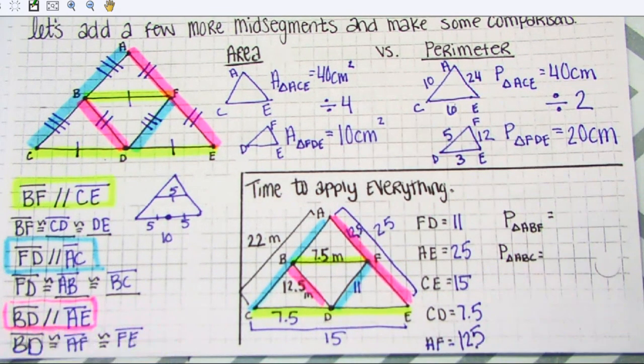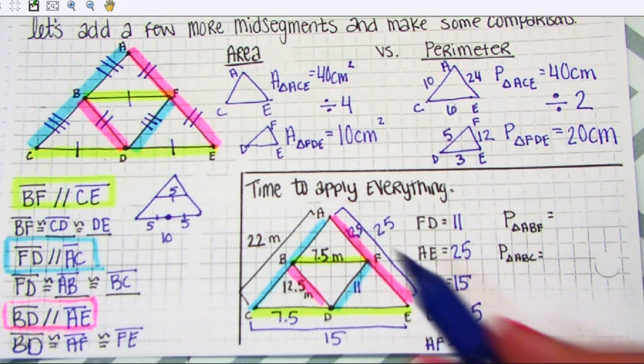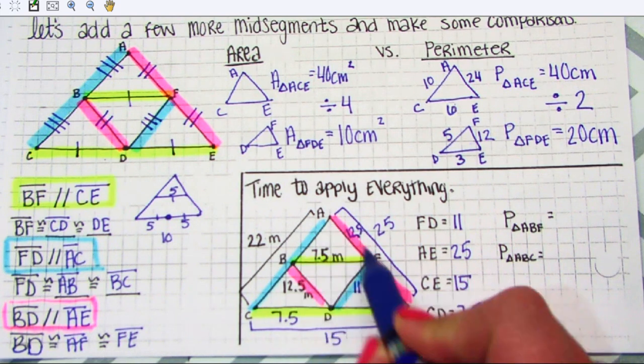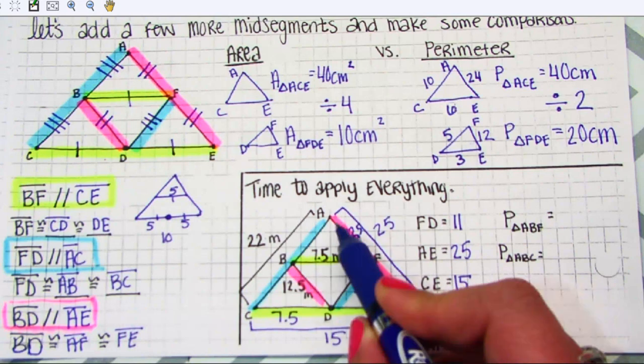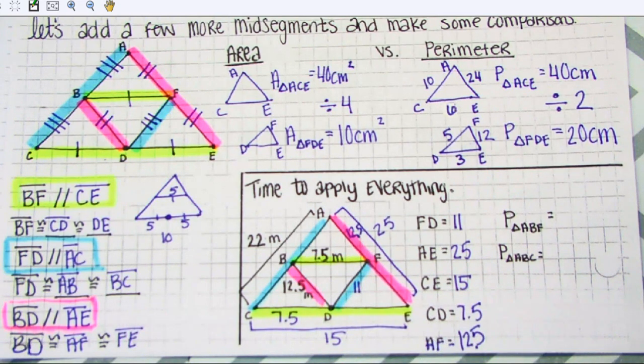What's the perimeter of ABF? The perimeter of triangle ABF. ABF's right here, but I'm missing this little blue piece. I need the perimeter of ABF. How do we find that little blue piece?